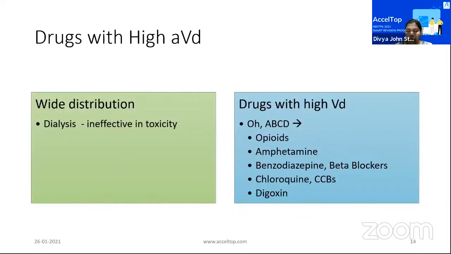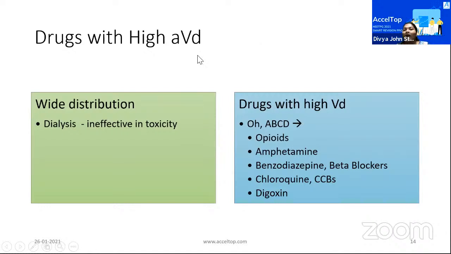Now we'll look into drugs with high volume of distribution. Wide distribution means the drug will not be amenable to dialysis elimination, or dialysis will be ineffective in instances of toxicity. Among drugs with high volume of distribution, there are a select few, and I remember them as OABCD, because in toxicology, in tox syndromes, we try to revive the patient based on the ABCD or CAB.